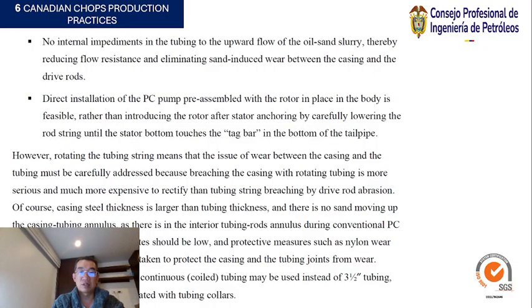Thus, wear rates should be low, and protective measures such as nylon wear sleeve installation can be undertaken to protect the casing and the tubing joints from wear. Alternatively, smaller diameter continuous tubing may be used instead of 3.5-inch tubing, avoiding the wear points associated with tubing collars.